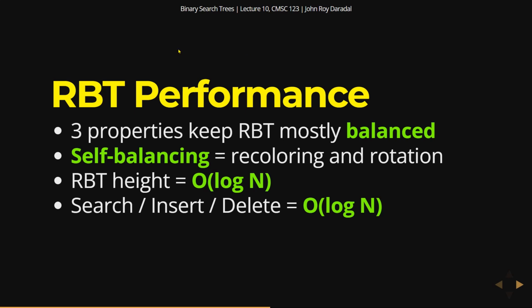So for red black trees, the performance is still O(log n) for all 3 methods. Even if we did not discuss delete, it still runs in O(log n) if you do the correct recoloring and rotation. So that is red black trees.